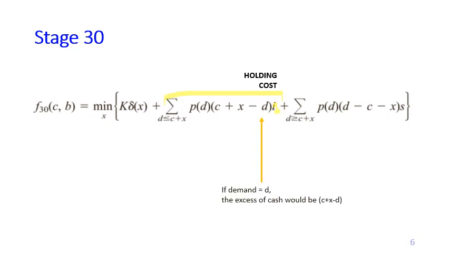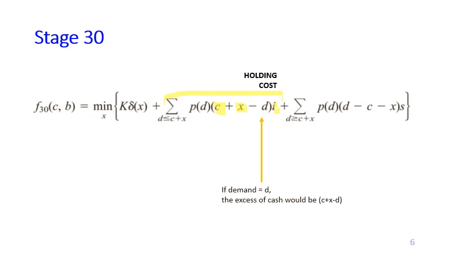So at the end of the day, we will have money remaining in our hand as much as C plus X minus D, because C is the money that we have at the beginning of the day. X is the amount of money that you either withdraw from the bank or deposit at the bank.